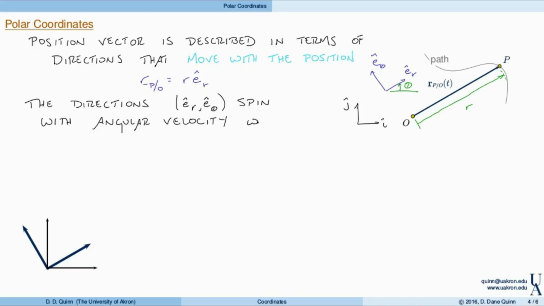So the angular velocity omega of ER and E theta is simply theta dot in the k direction. Theta is the angle, so theta dot is the rate of change of this angle, or how fast this basis spins with respect to the ground.